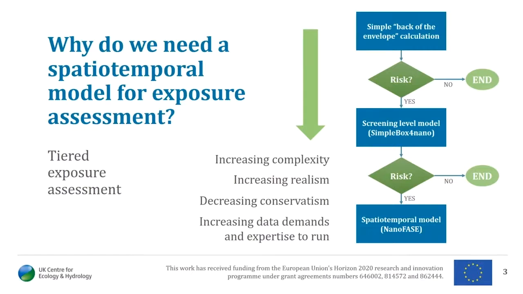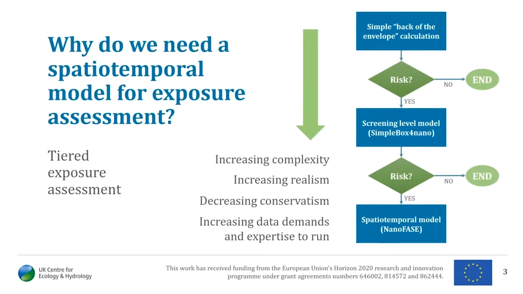And this idea of a tiered exposure assessment is one way in which we might need a spatiotemporal model. If you have a look at this flowchart on the right hand side of the slide, this is a simplification of how a tiered exposure assessment could work.